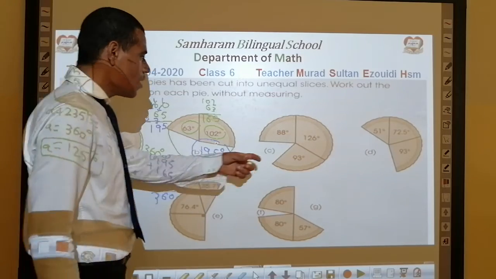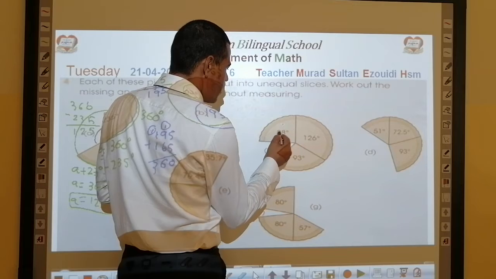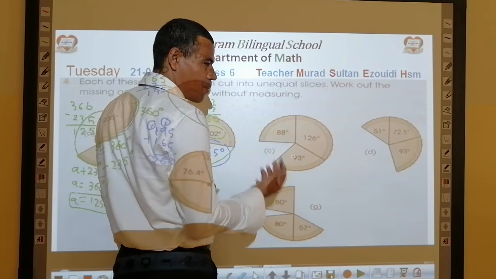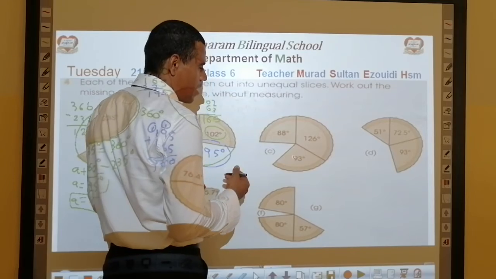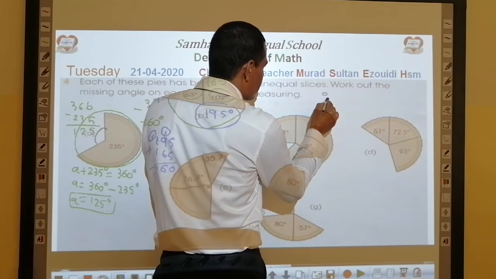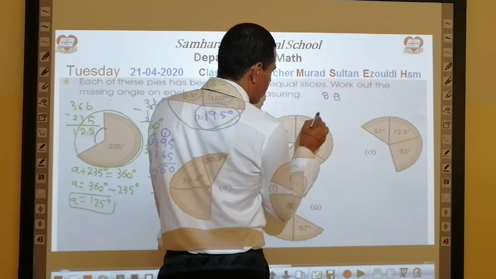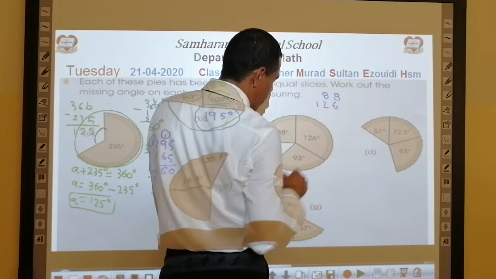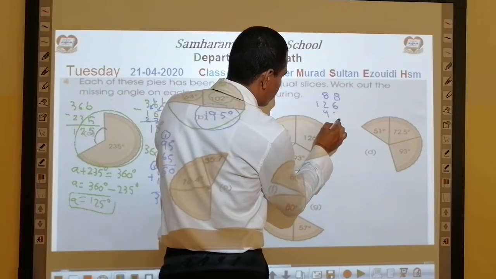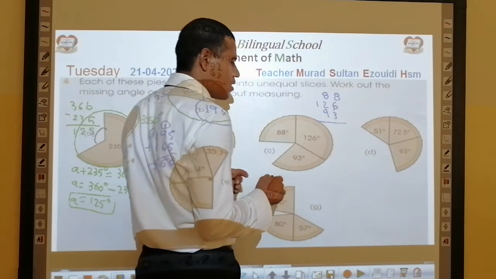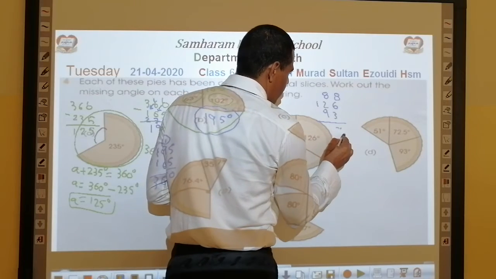Then this one, just add 88 plus 126 plus 93, then subtract it from 360. So just make 88 plus 126 plus 93 equal. 8 plus 6 is 14 plus 3 is 17.